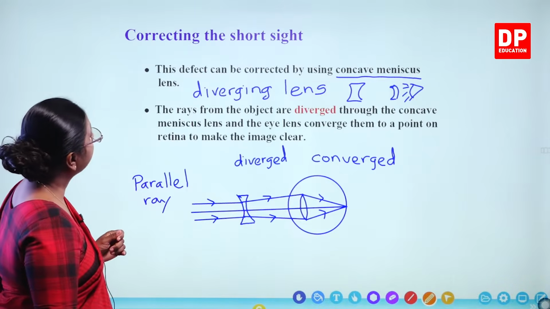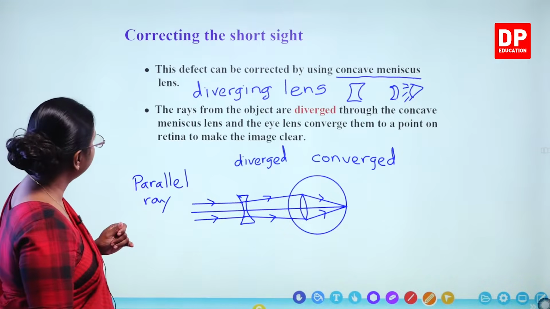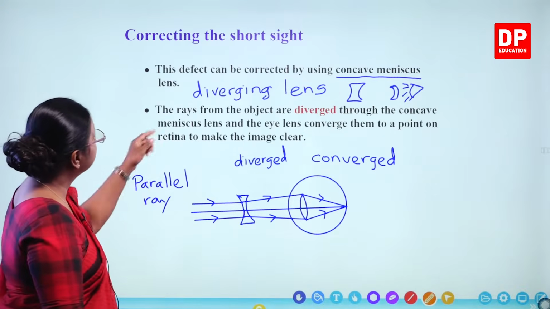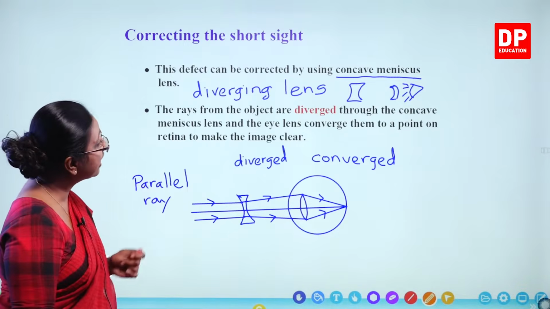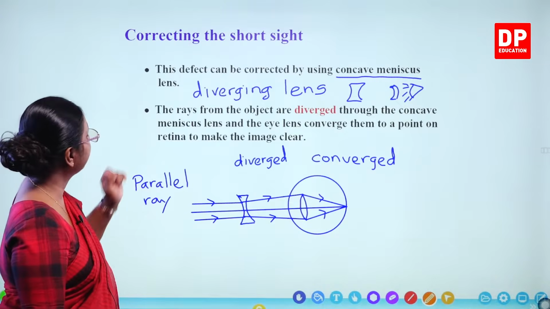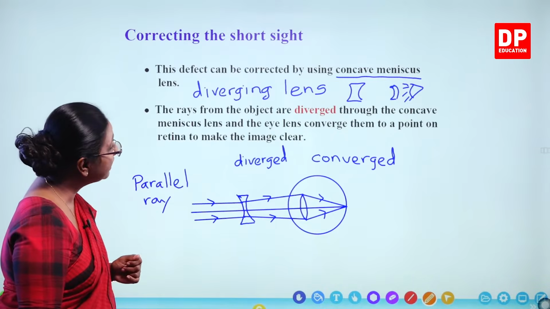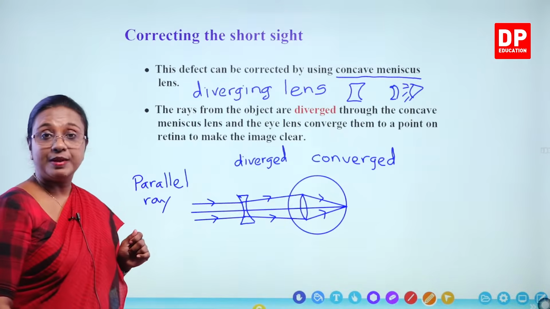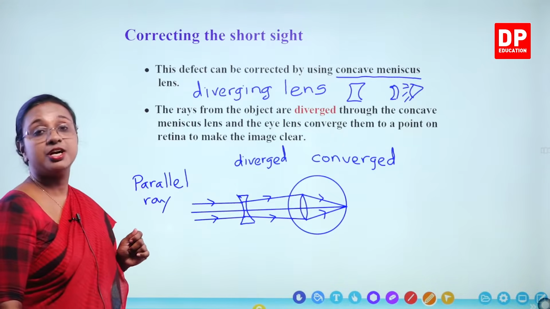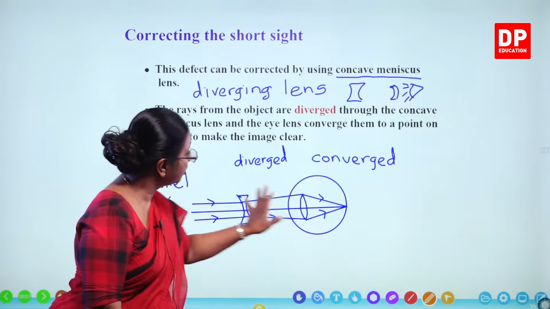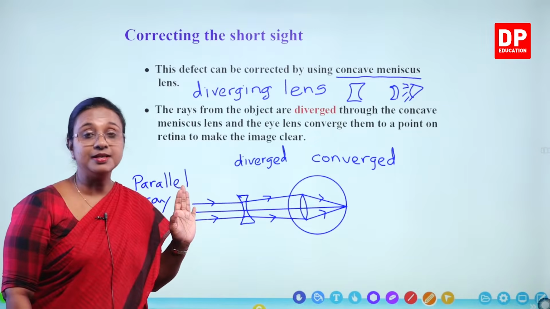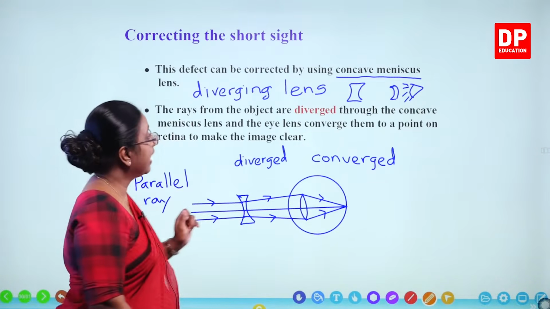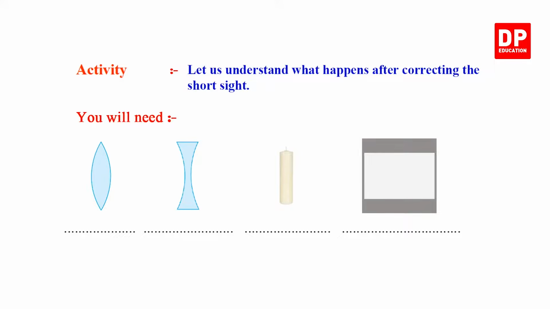So, this defect can be corrected by using concave meniscus lens. The rays from the object are diverged through the concave meniscus lens and the eye lens converges them to a point on the retina to make the image clear. So, I am sure you all can understand what happened here. With that, I will move on to the next slide.